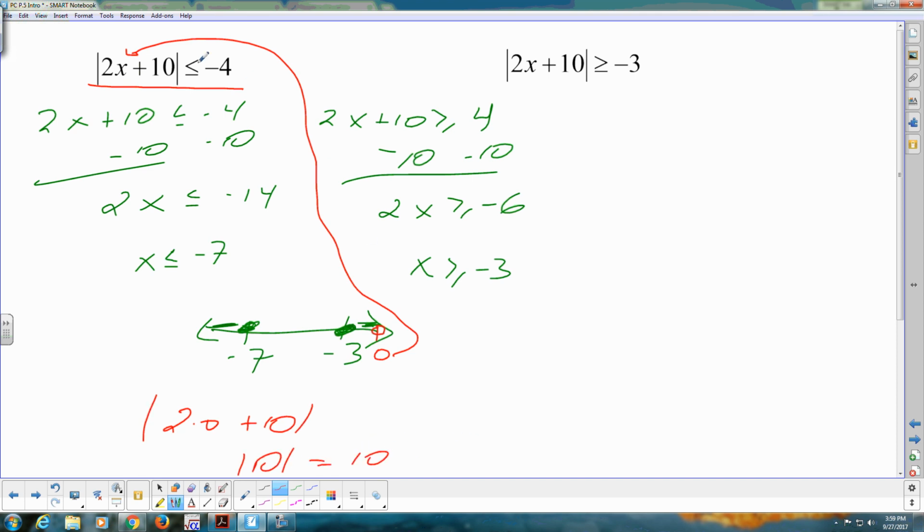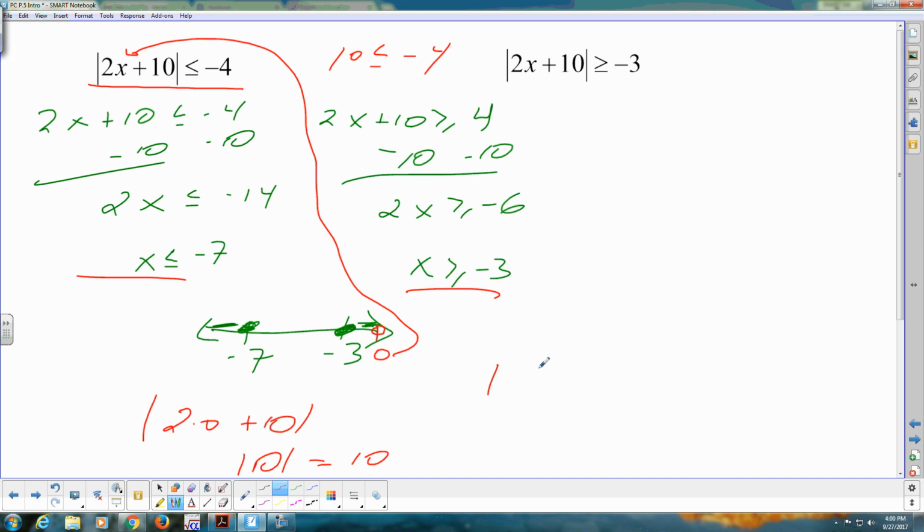Is 10 less than or equal to negative 4? Heavens no, it's not. This is a garbage answer. These are not solutions. I know I didn't check that one, but they're not solutions to it. The reason is, go back to this original equation. And this is the point of why I'm putting this here for you: sometimes your algebra is going to work out just fine, but the question itself is bogus.